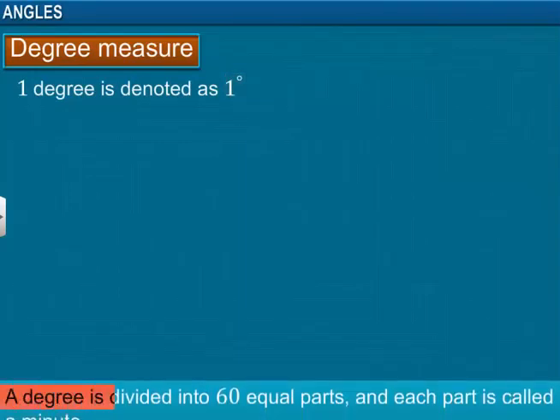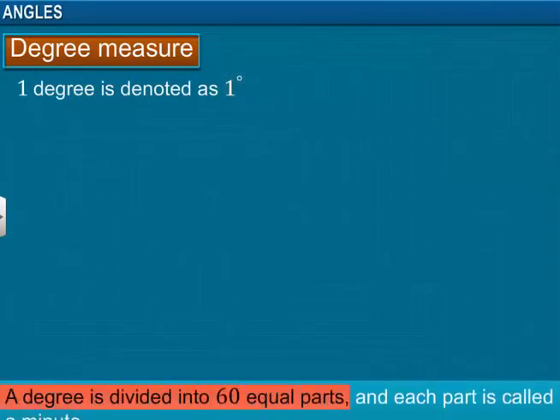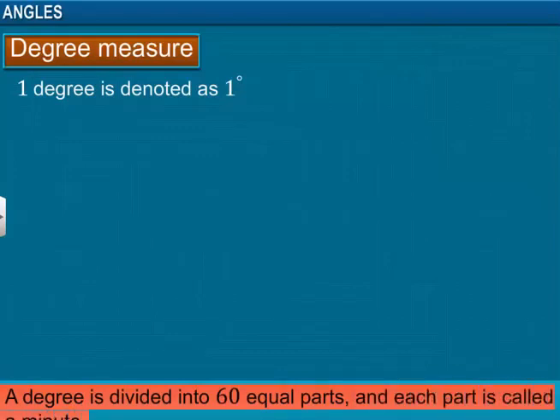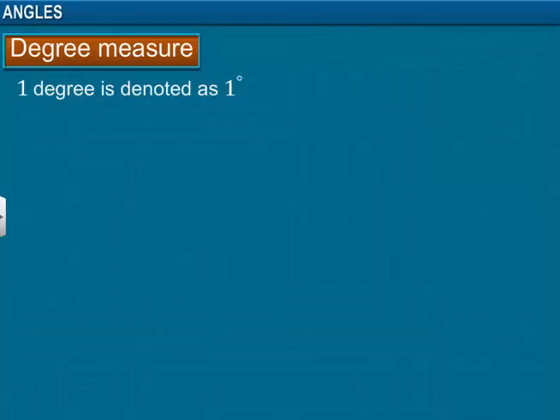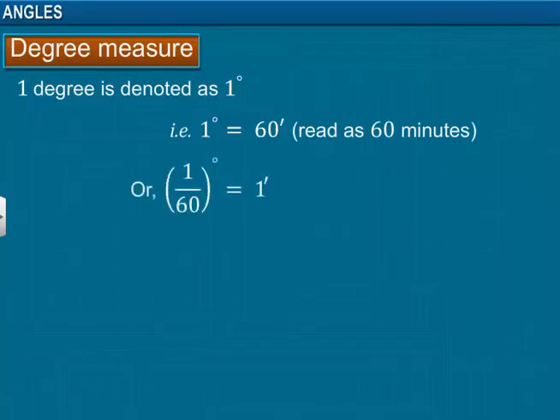1 degree is denoted as shown. A degree is divided into 60 equal parts, and each part is called a minute. That is, 1 degree is equal to 60 minutes. In other words, 1/60th of a degree is equal to 1 minute.